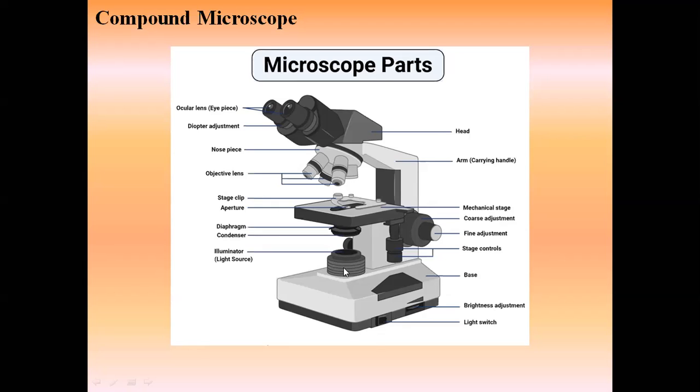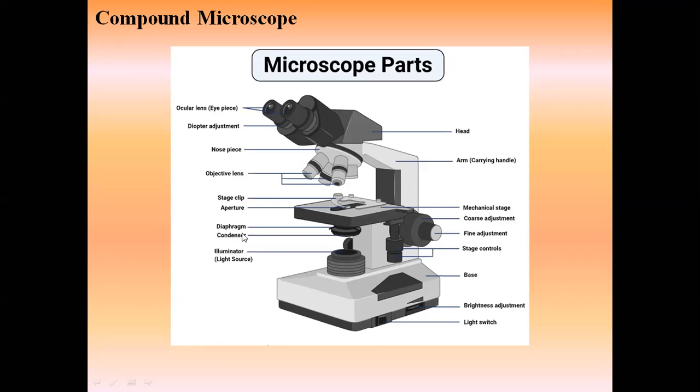How much light is being projected by this light source, that amount we can adjust with the help of this brightness adjustment. If we want a small amount of light, we adjust it that way; if we want a bright light, we can adjust it with this. So the brightness can be adjusted.